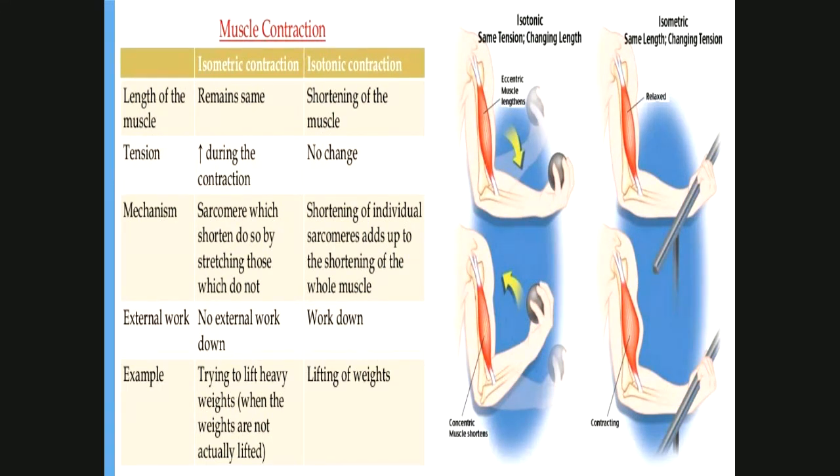So an isotonic contraction is as we contract, for example, our biceps brachii to lift the ball, versus isometric, if we're just holding a weight out in space, our muscles still have to contract and relax in order to keep it. There's no movement in the muscle.